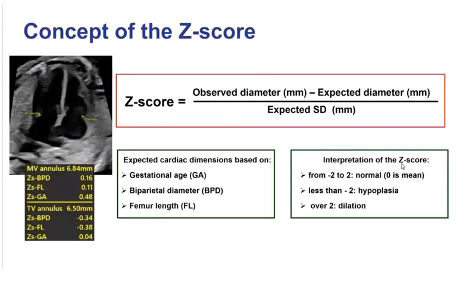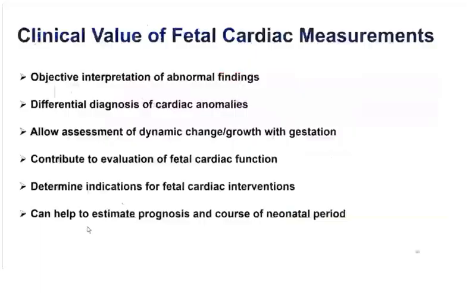Less than -2, and in particular less than -3, means that the structure is small and hypoplasia should be considered. Finally, if it is over 2, that should be considered as dilation or a very big structure. This is really easy to interpret, and you can do that on the fly just by looking at these numbers that you receive from the package.